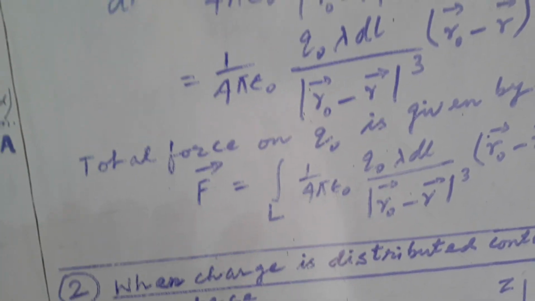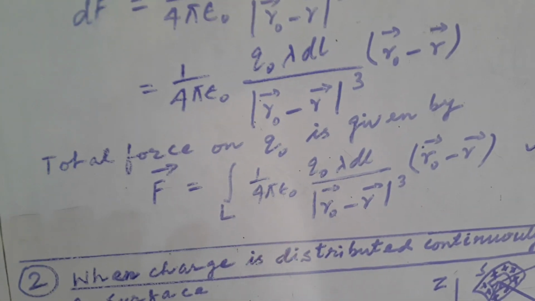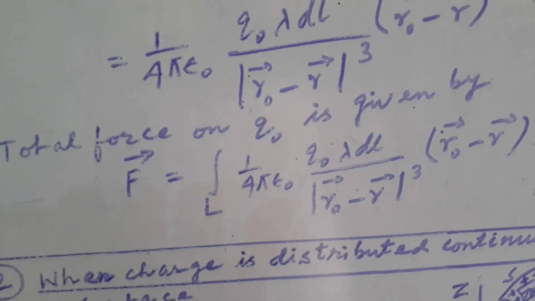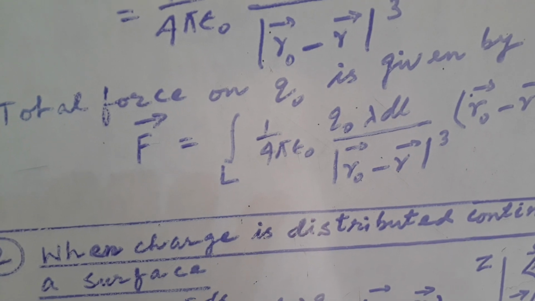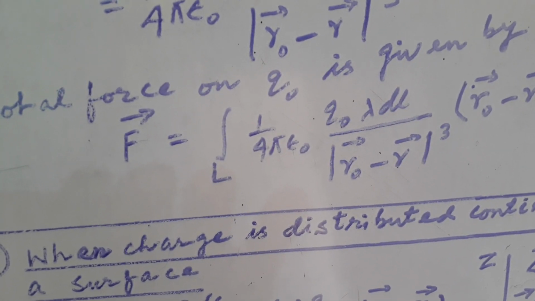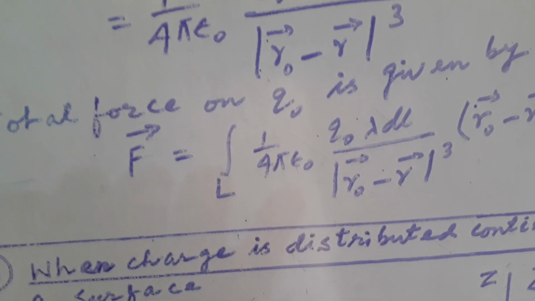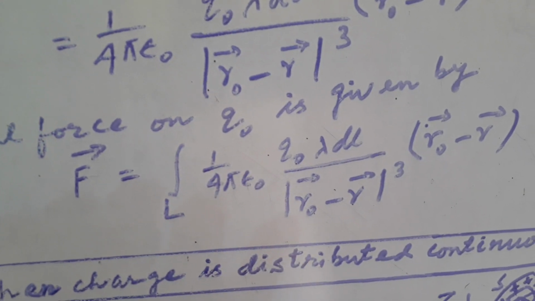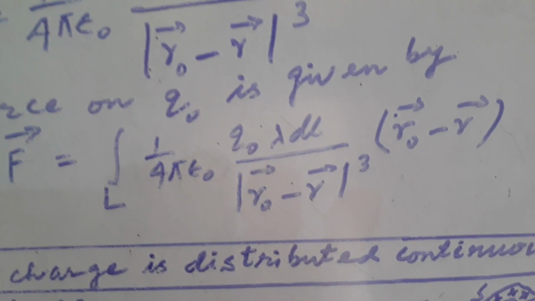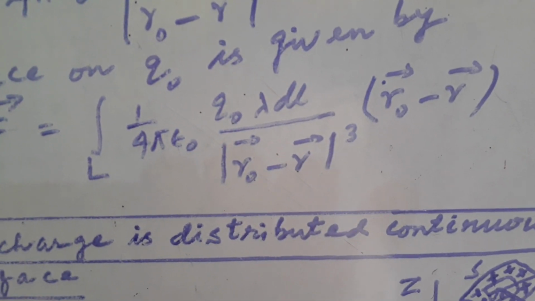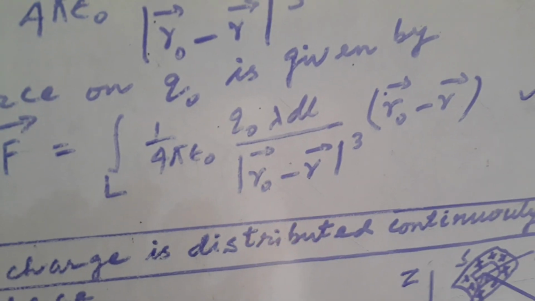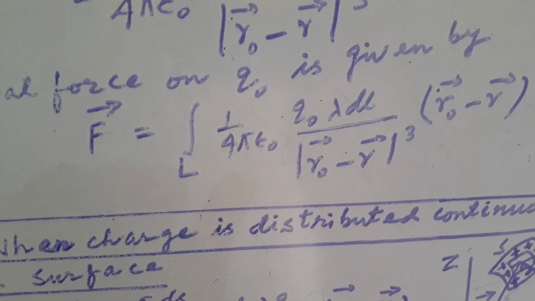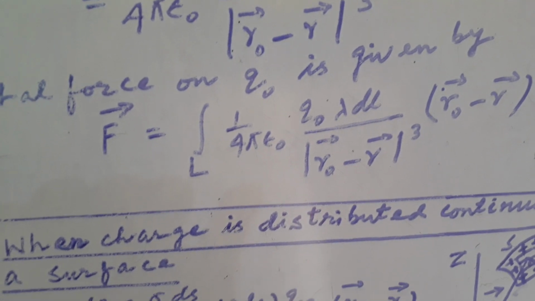Now what will be the total force on q naught due to the line charge of length L? So simply we have to integrate the small force dF over the entire length. 1 by 4 pi epsilon naught, q naught lambda dl by modulus r naught minus r whole cube into r naught minus r. So this is the total force exerted on q naught due to a line charge.